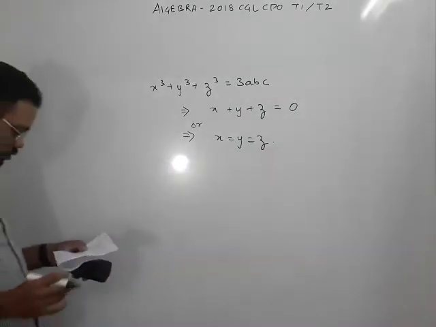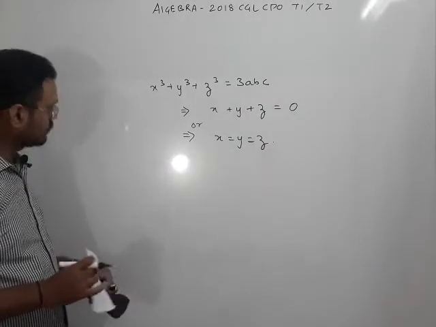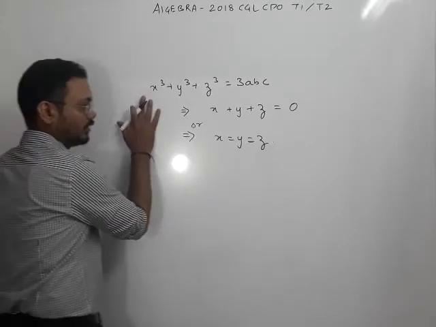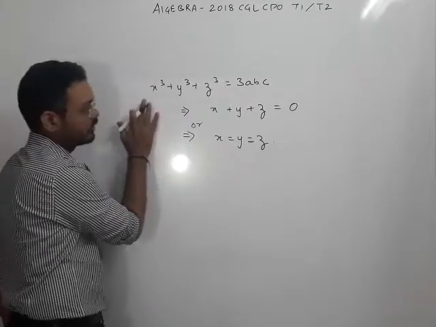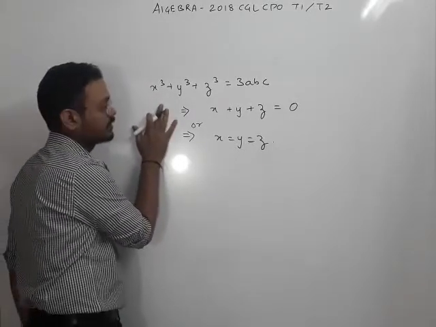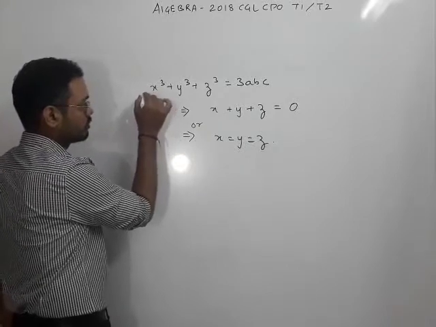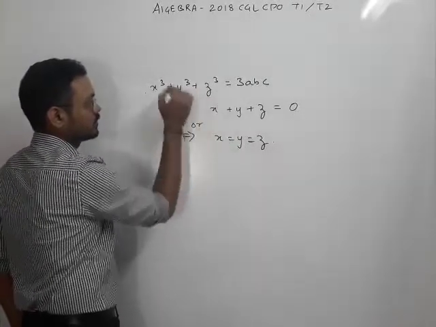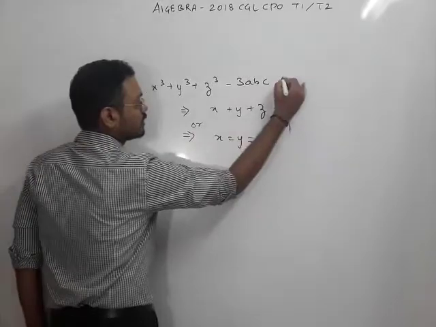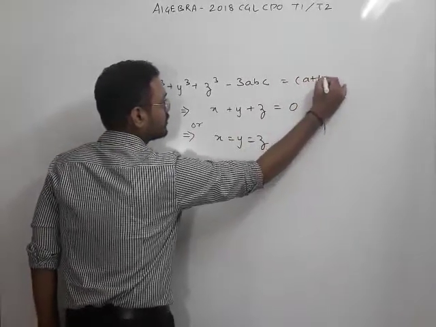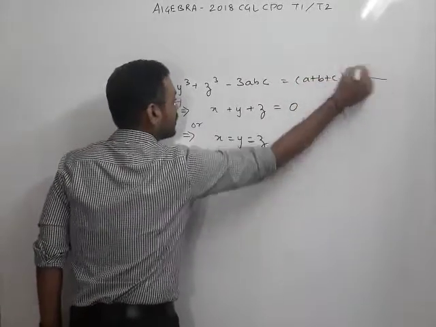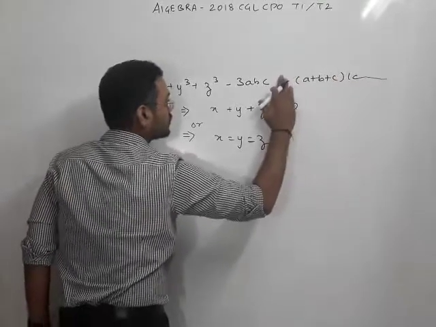This implies two conditions. I have already discussed this in detail in one of my previous basic videos. So there is actually a formula based on this: this minus this is equal to a plus b plus c into a square, and so on. There are 4 different formulas for this.